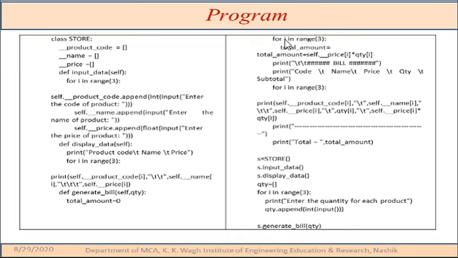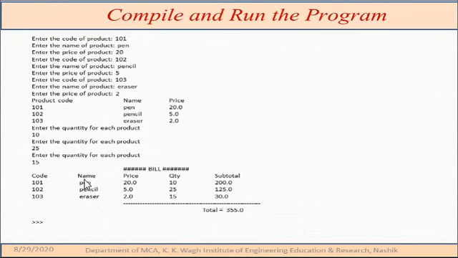When the generate bill function is called, it calculates the total amount. How does it calculate the total amount? Again with the help of a for loop, it calculates the subtotals, and lastly it adds all those totals and displays it on the screen. If we see it here for generating the bills, the details up to price we have already displayed initially.